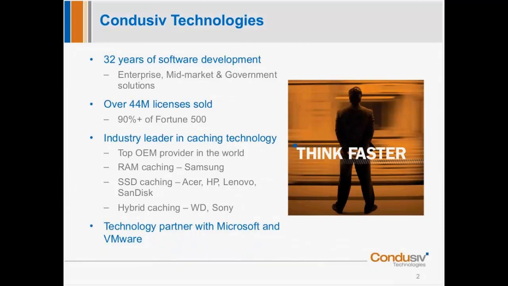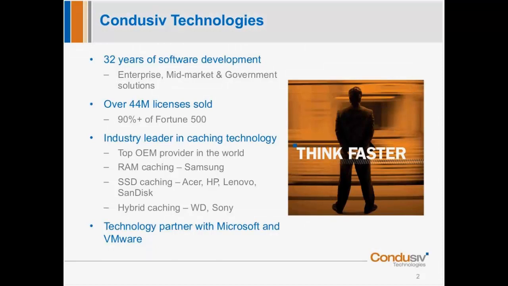Conducive is a company with a proven track record of delivering innovative and robust software for enterprises, government, and what a lot of people don't realize is our work with leading system and storage OEMs like SanDisk, Lenovo, Samsung, LG, Fujitsu, Acer, ASUS, and HP, and also Western Digital.